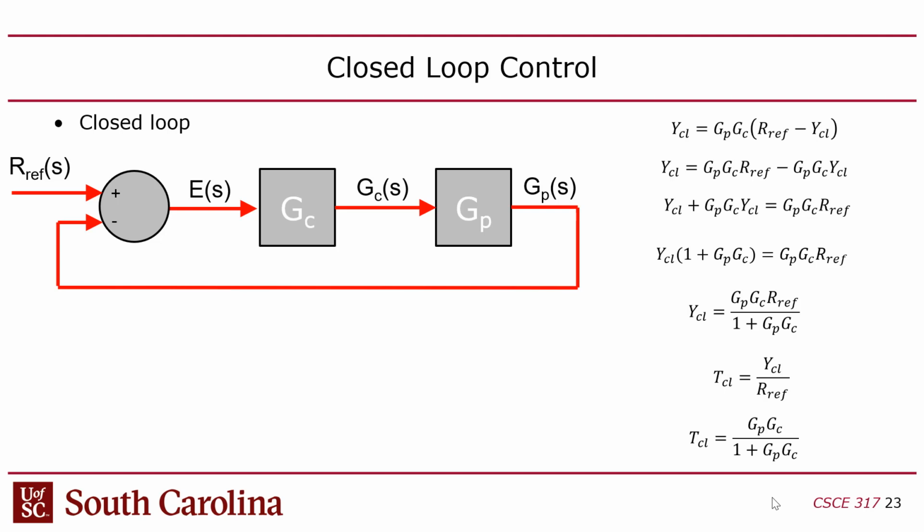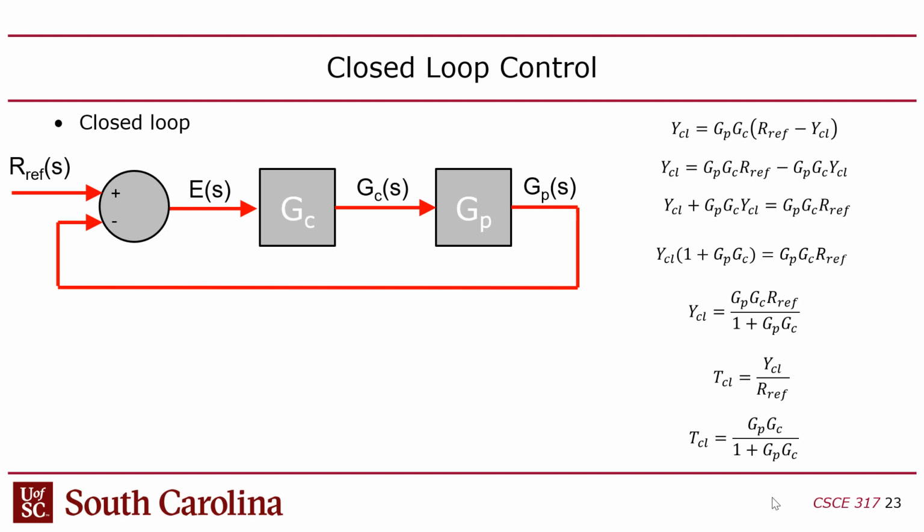And so all you have to do to convert it from open loop to closed loop is to take the open loop transfer function divided by 1 over the open loop transfer function, and that ends up being the closed loop transfer function. Does it make sense? So in other words, that's all you have to add to go from open loop to closed loop.